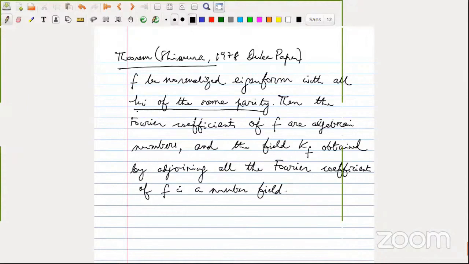When the component weights k_i have different parity, by using some Hecke characters, he gives an argument why we cannot expect them to be algebraic numbers.